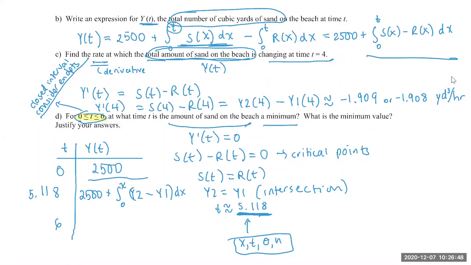There should have been only one intersection point, just that 5.118. And then type into the chat, what did you guys get for that value?